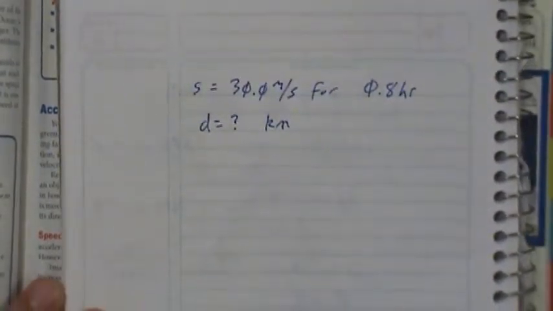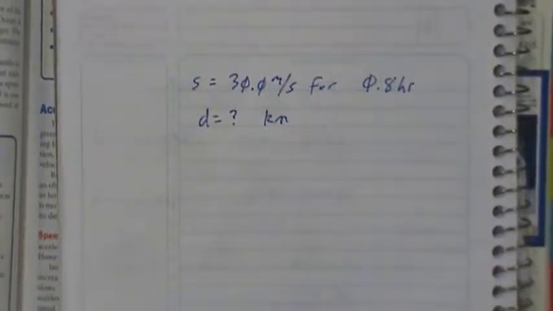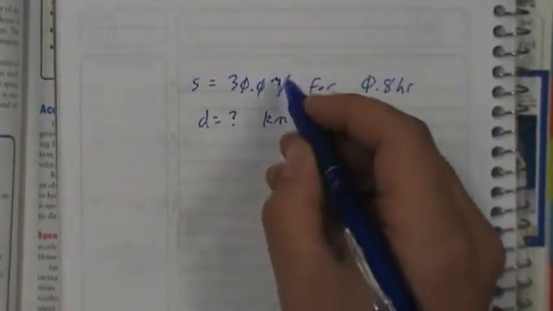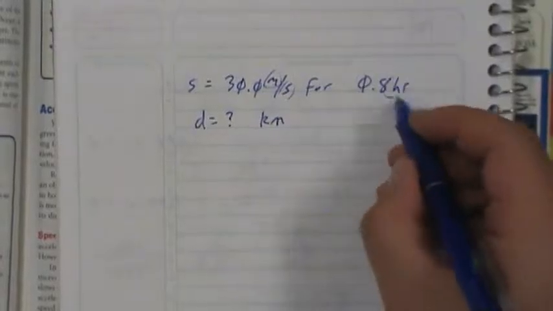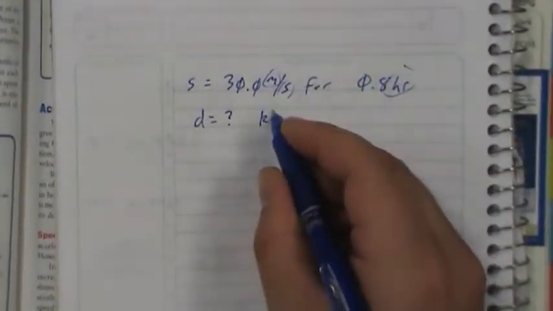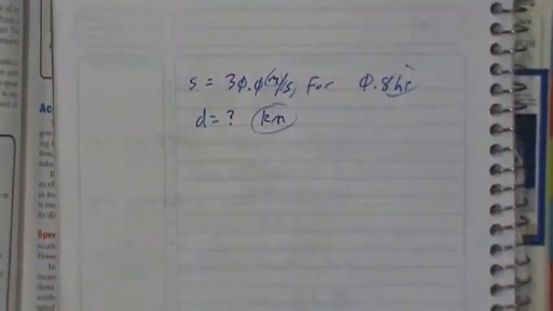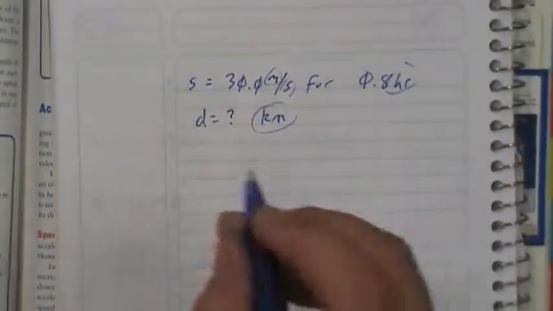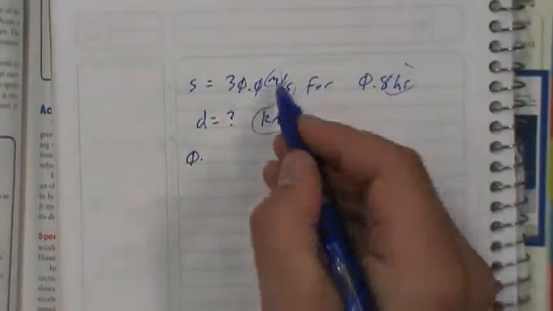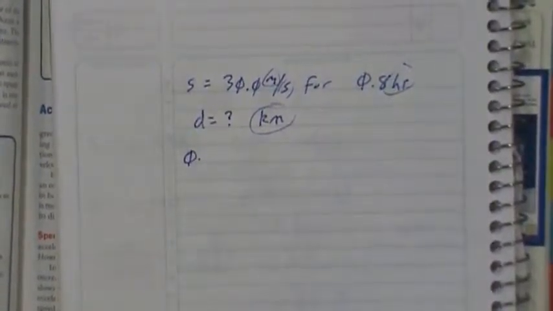Alright, so we'll notice a couple of things. Number 1, our speed is in units of meters and seconds. Our time is given in units of hours, and our desired distance is in units of kilometers. I'm going to convert our time before we do the problem. That way I can just plug into the speed equation and solve for distance.